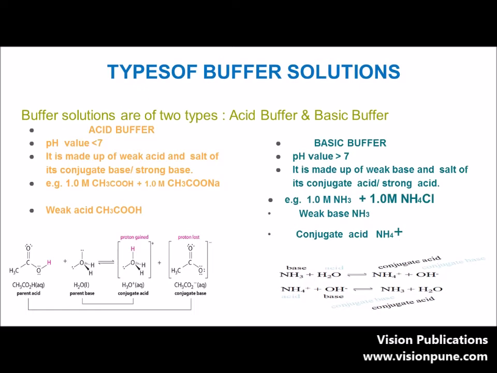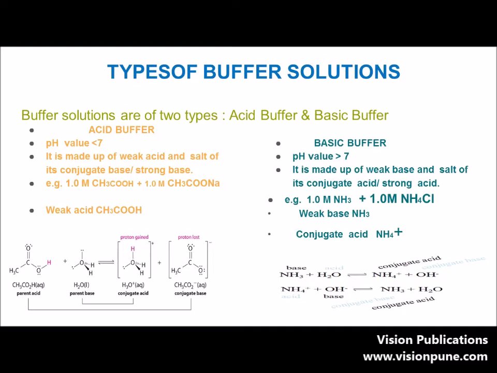Again, here ammonia reacts with the water in which it is dissolved to form ammonium hydroxide. Ammonium is a conjugate acid and hydroxide ion is a conjugate base. Again, this ammonium hydroxide dissociates to give ammonia and water.